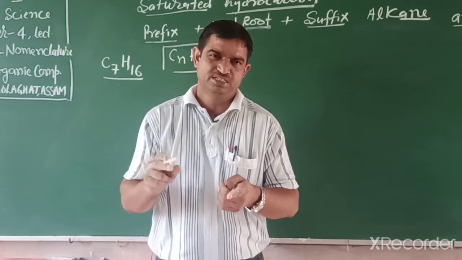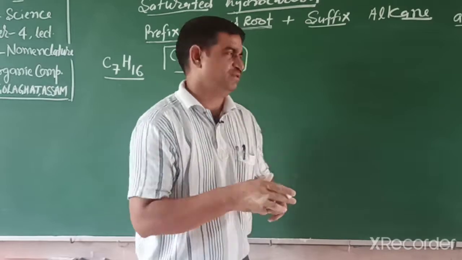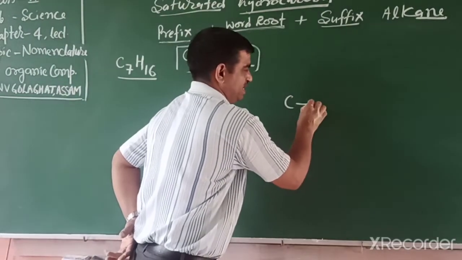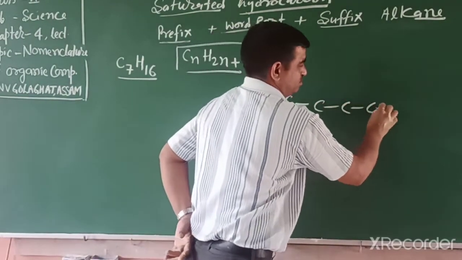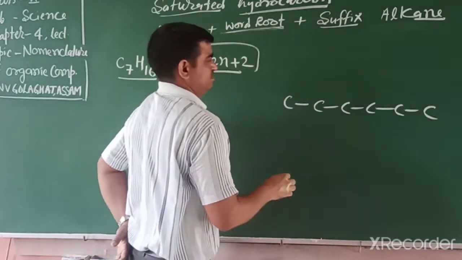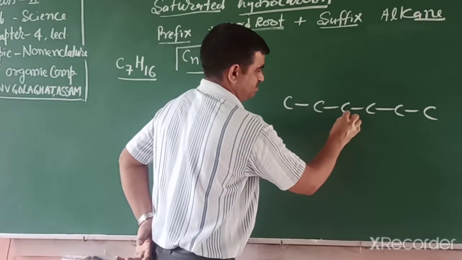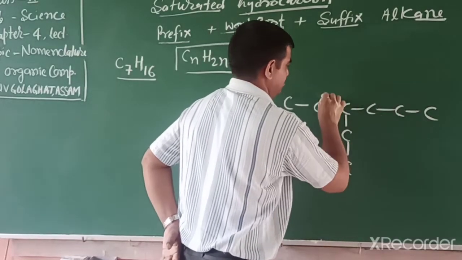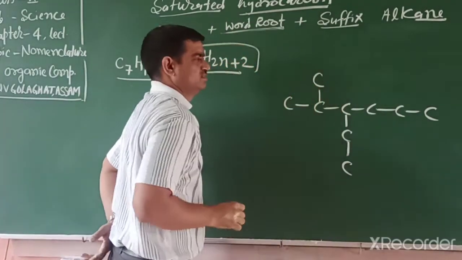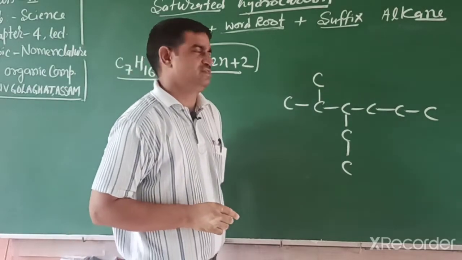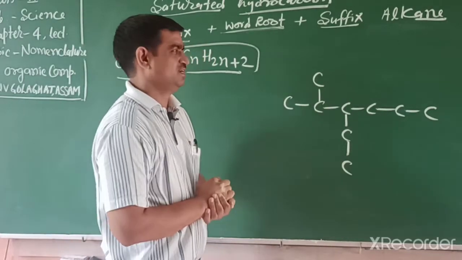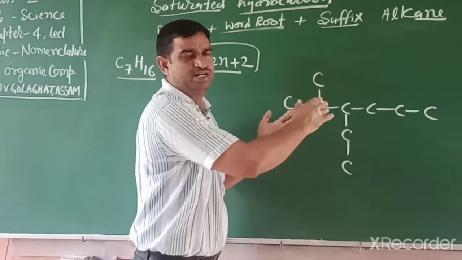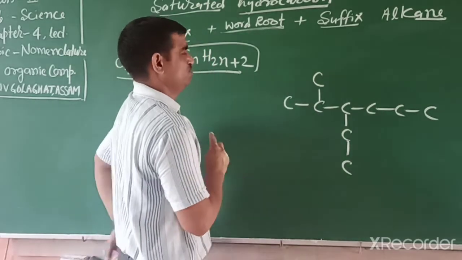Now I can explain one more example. If a compound like this, students, like this, and substituents present in this way. So how can we write the IUPAC name of such a compound? First we have to find the longest hydrocarbon chain.